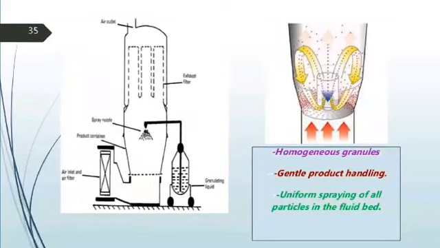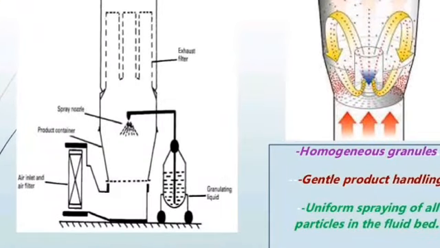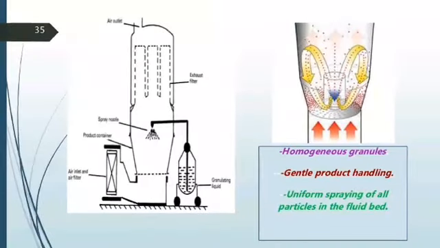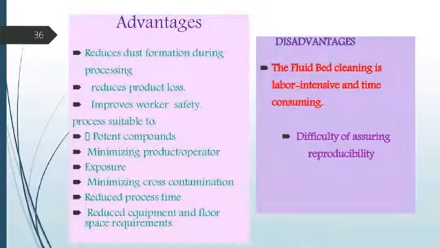You can see a spray nozzle there. The granulating liquid is sprayed into the chamber where the powder is mixed. They are brought into a fluidized state where they are dried, and the final granules are collected after sieving.